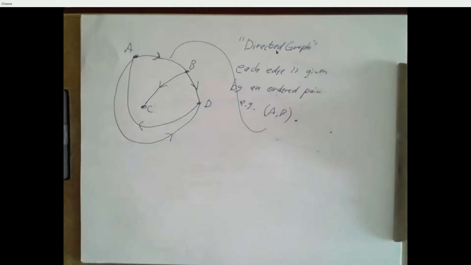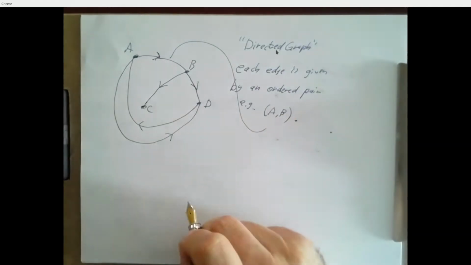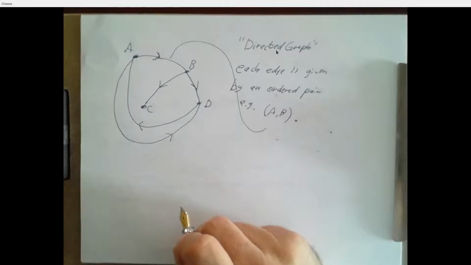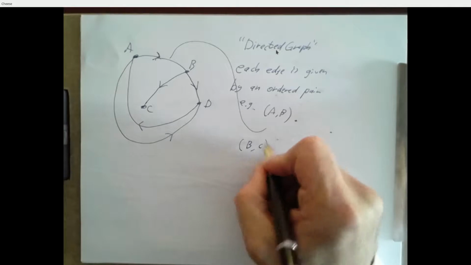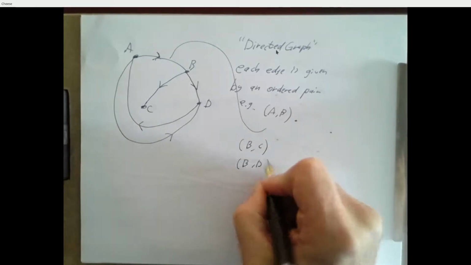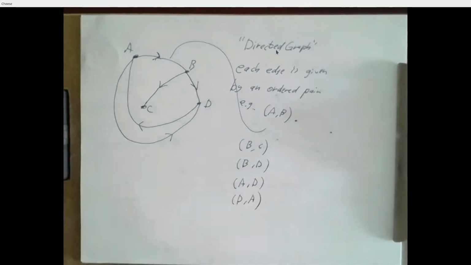And the ordering in this case is the first vertex is what we're coming from, the second vertex is what we're going to. So our graph might contain edges A comma B, B comma C, B comma D, A comma D, and D comma A. So BA is just not part of this graph? So BA is not a part of this graph because there's no edge from B to A.